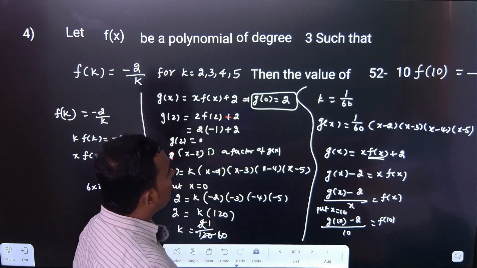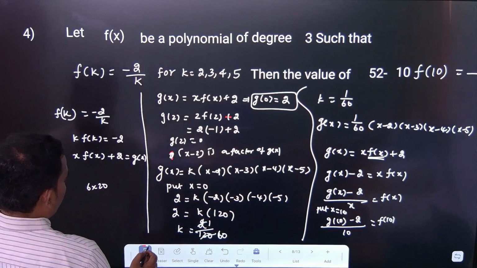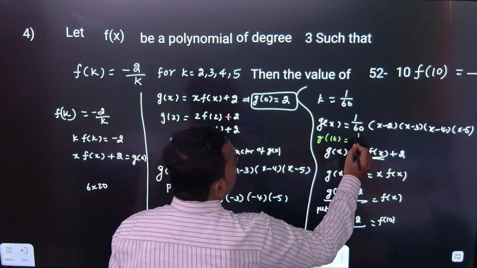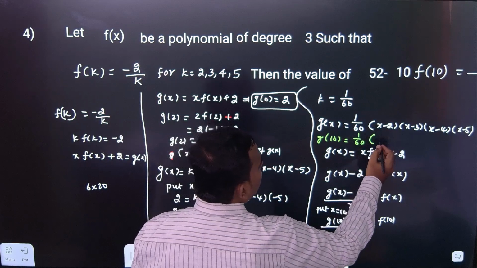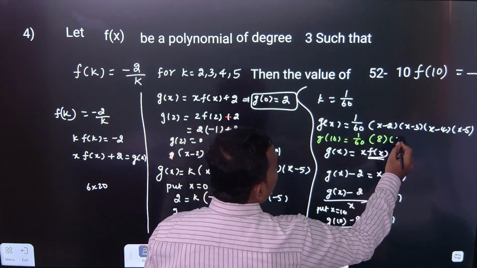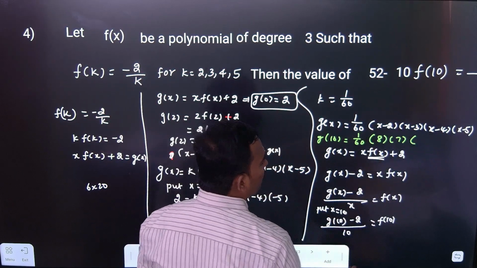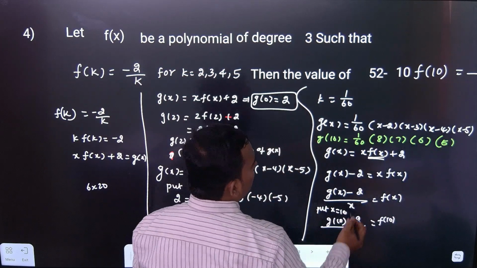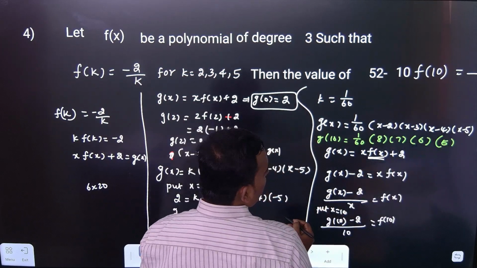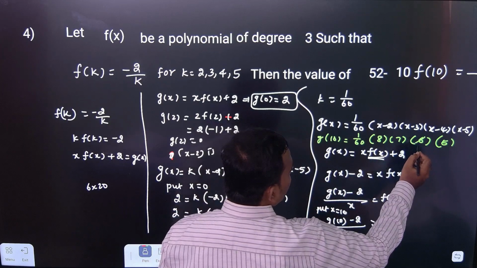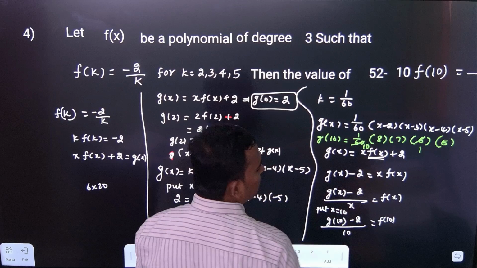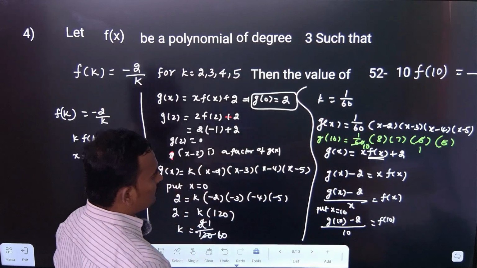What is g of 10? You can find it here. g of 10 is 1 by 60 times 10 minus 2, which is 8, 10 minus 3 is 7, 10 minus 4 is 6, 10 minus 5 is 5. You can see here, student, very simple. 10 times 6 is 60.